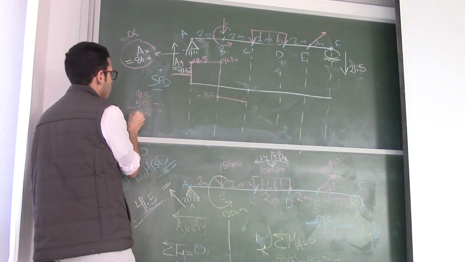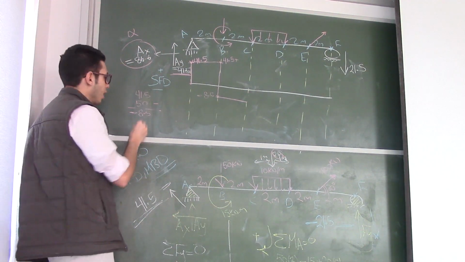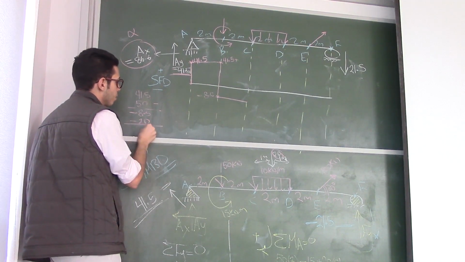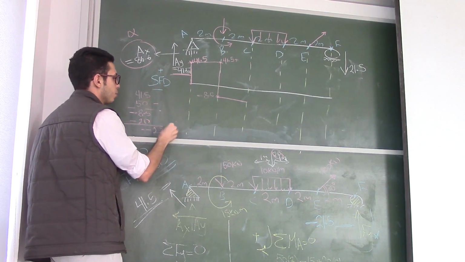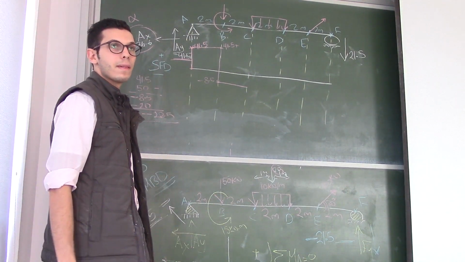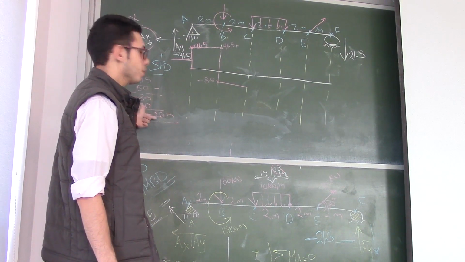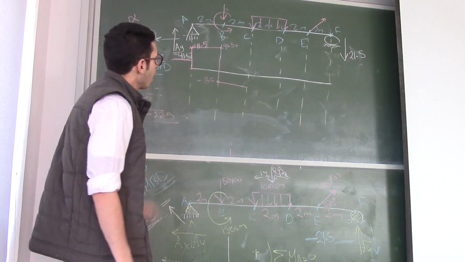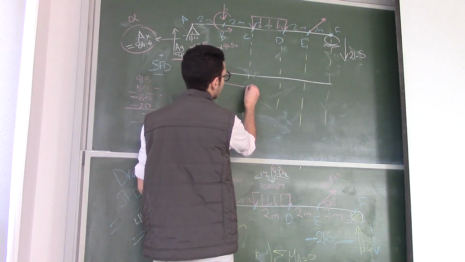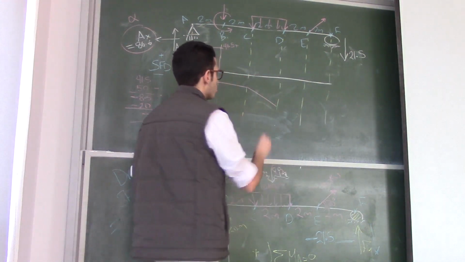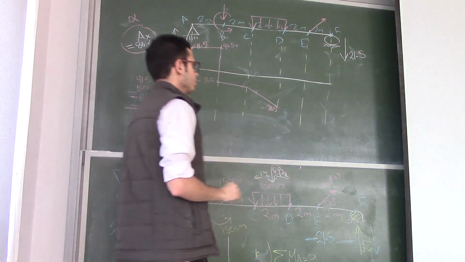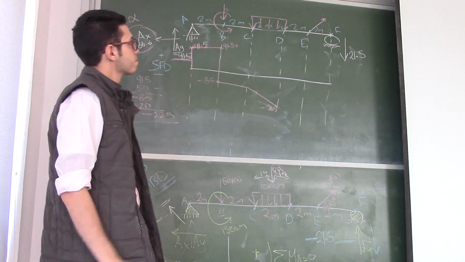So I have minus 8.5 and minus 20, and the result is minus 28.5. And it's distributed according to the table, so I should draw a line like this, down to minus 28.5. So I go down. Clear?